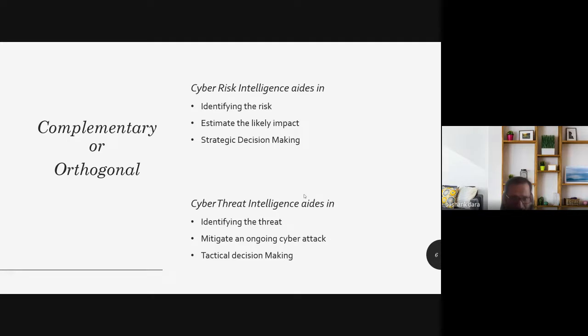It is about estimating the likely impact. The impact could be a probability, in dollars, or in hours of downtime. It could be a very concrete number. And it helps in strategic decision making, as in how much I need to invest in cybersecurity. Should I upgrade my firewall?